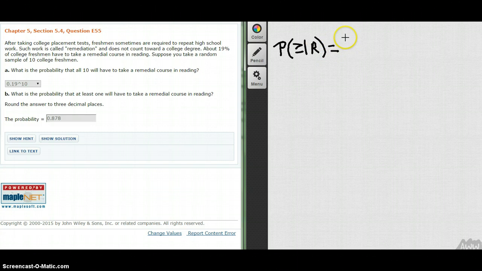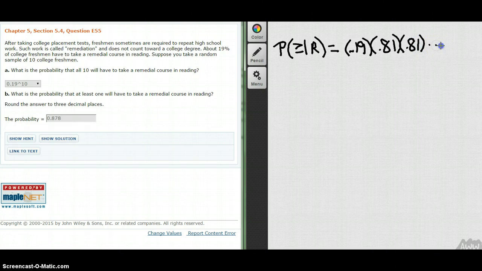You might start with remedial, 0.19, and then take it times the non-remedial, because we only need one of those, and maybe another non-remedial.